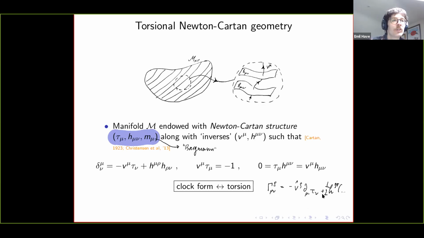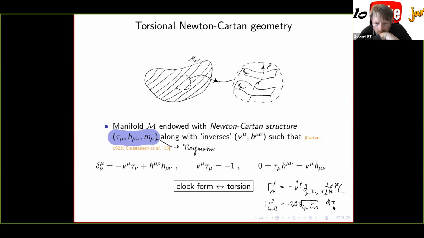So if you take the torsion here, where this denotes anti-symmetrization, you get this thing here. These are the components of the exterior derivative of tau. So this is a 2-form, and it is known as the torsion 2-form.